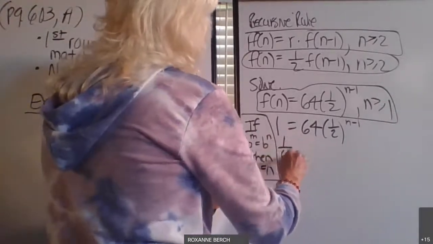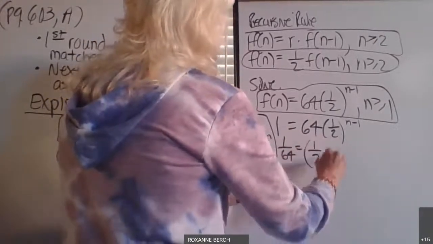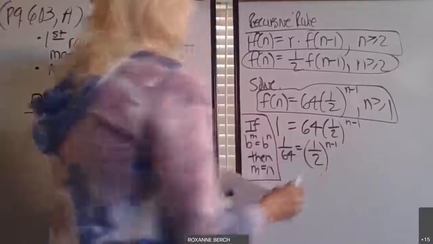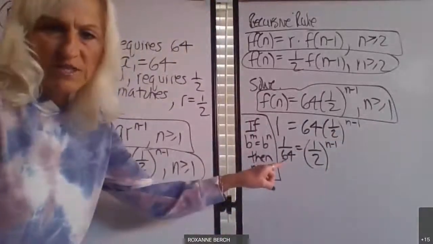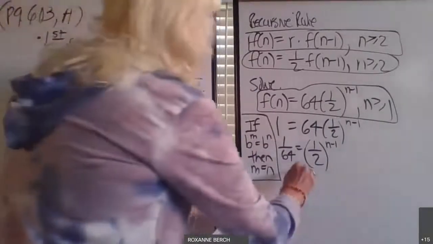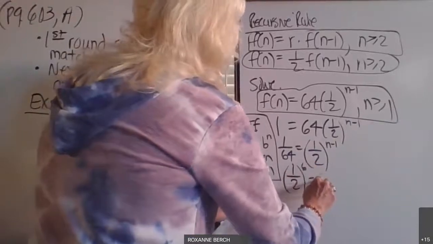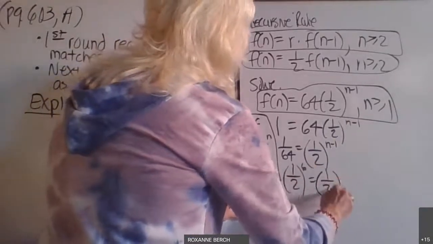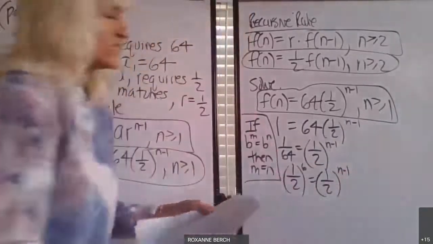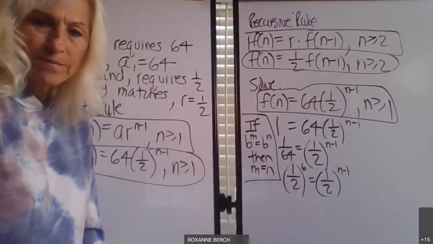So I get 1 over 64 is equal to 1/2 to the n minus 1. Do you see that I can write 1 over 64 as 1/2 to the 6th power, because 1 to the 6th is 1 and 2 to the 6th is 64, right?